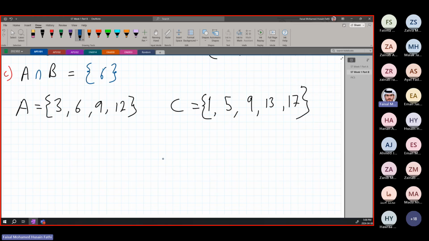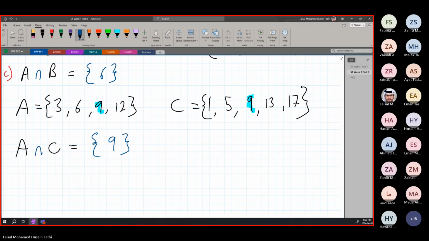Again, same exact idea. Nothing is new. A intersection C is going to be equal to, let's see. Is 3 available here? No. Is 6 available here? No. Is 9 available? Yes, 9 is available between both. Is 12 available? No. So the intersection is simply going to be 9. All right? And this is how you find the intersection.